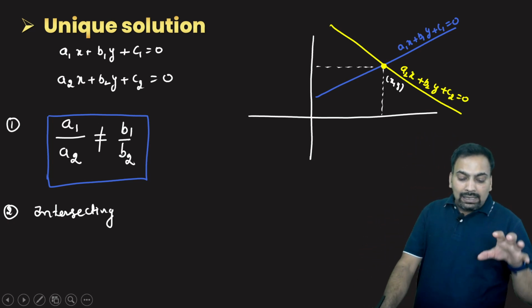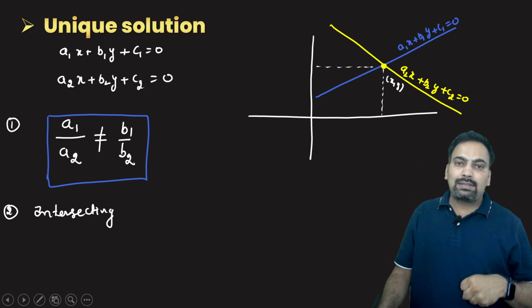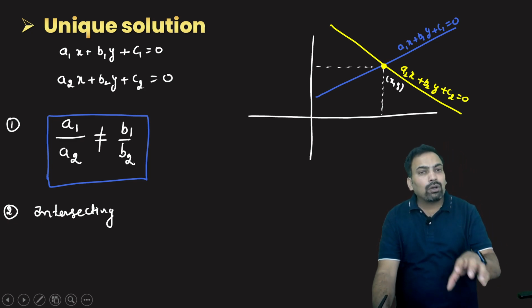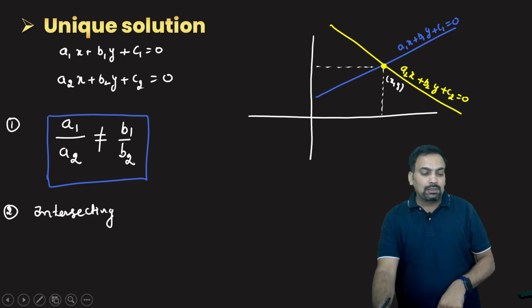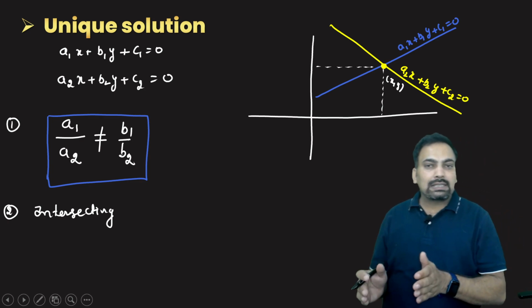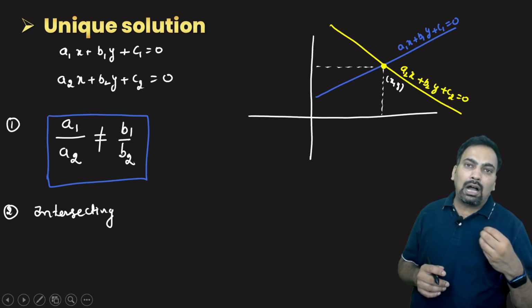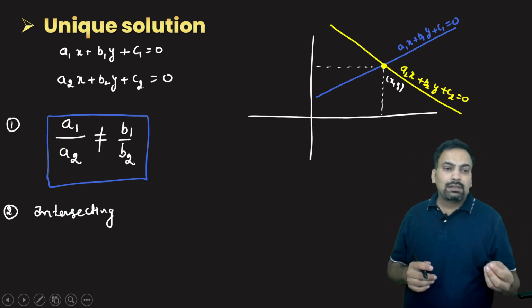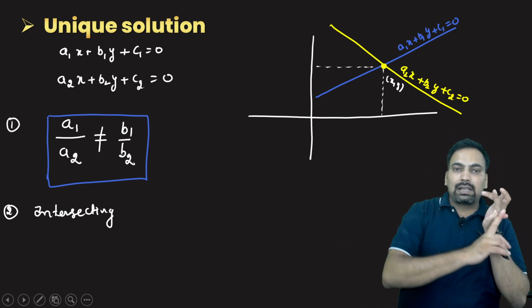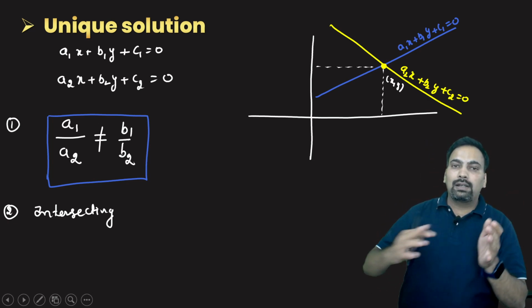Okay, and this type of system is called a consistent system of equations, because they have a solution. So unique solution is a consistent system of equations, and how you find the unique solution, the methods we will learn separately: the graphical method, the elimination method, the substitution method.